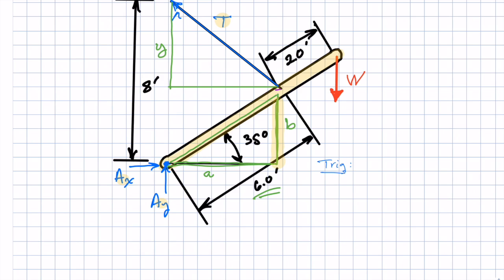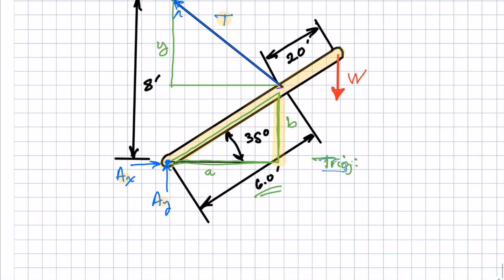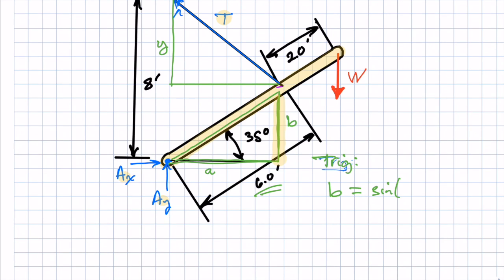So looking at the trig, we know that B is going to be the sine of the angle, 35 degrees, times 6, and then A is cosine 35 degrees times 6. That's just properties of triangles. This length is B, so the total length is 8, so Y is 8 minus B.